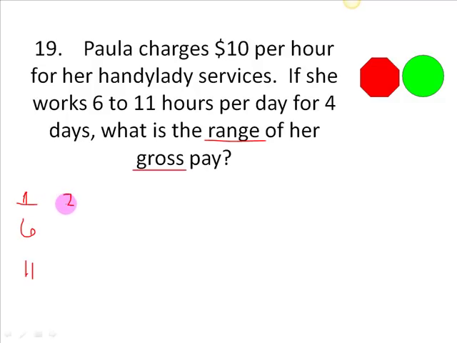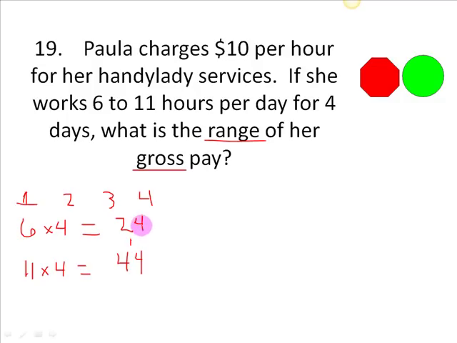And on day 2, she does the same thing, 6 to 11 hours. Day 3, she does the same thing. And day 4, she does the same thing. Well, so 6 times 4, the number of days that she worked, will be the minimum number of hours that she worked that week, and that's 24 hours. And if we want to know what's the maximum number of hours that she could have worked, we can just multiply 11 times 4, the number of days that she worked, and we'd get 44. So she either worked 24 hours or 44 hours or somewhere in between.